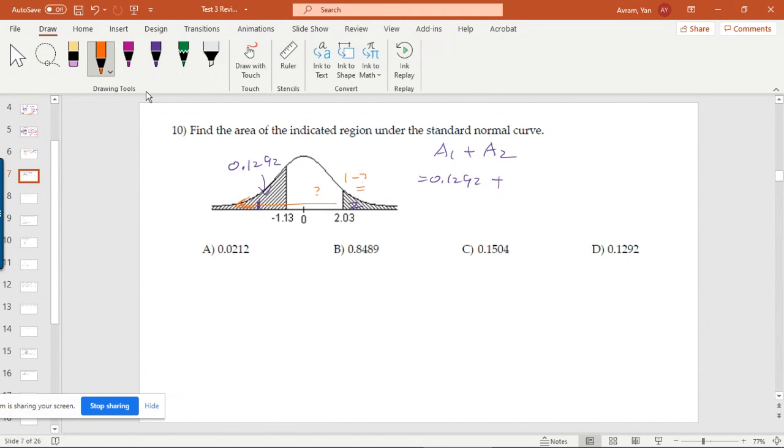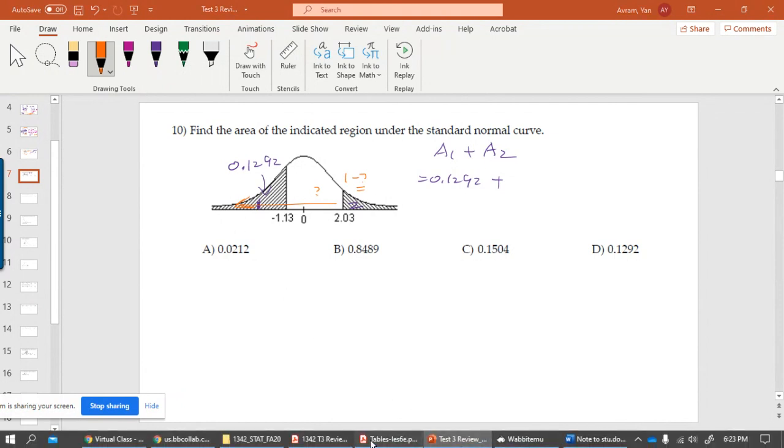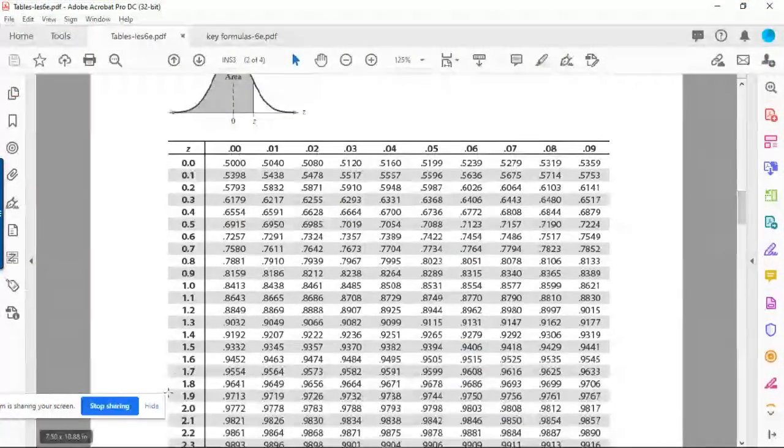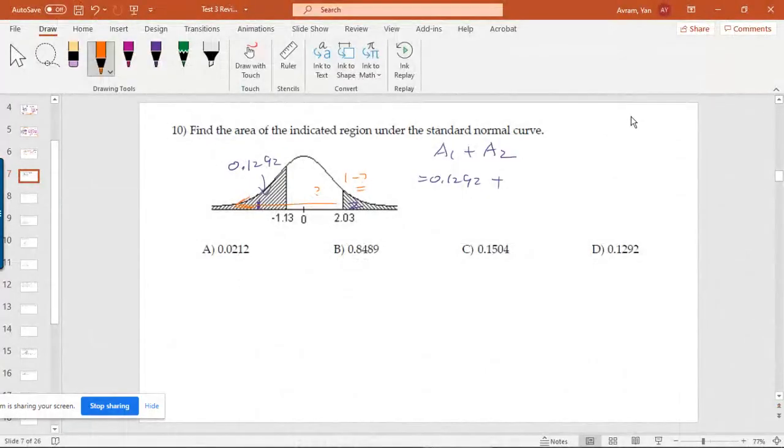And then we're going to read 2.03. 2.03 is positive. 2.03, right here, so that's 0.9788. So we're going to calculate this one right here.